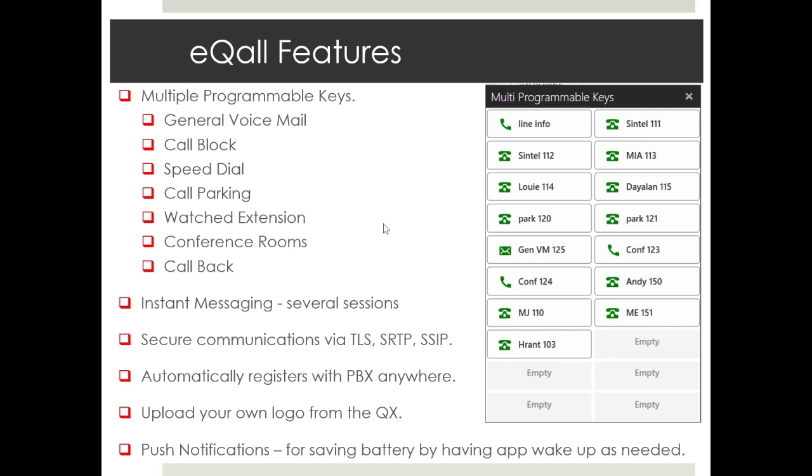Maybe you can have scheduling, maybe for a night service button. Those can all be programmed and opened in a separate window within eQall. It has instant messaging with several sessions, so it can keep track of each different session.